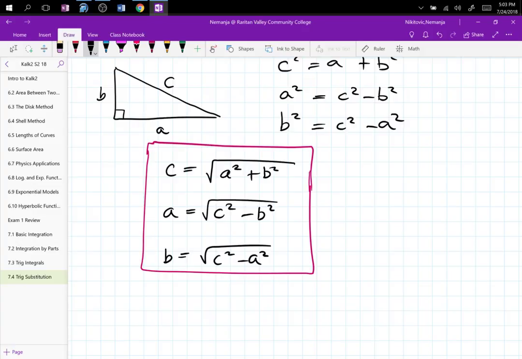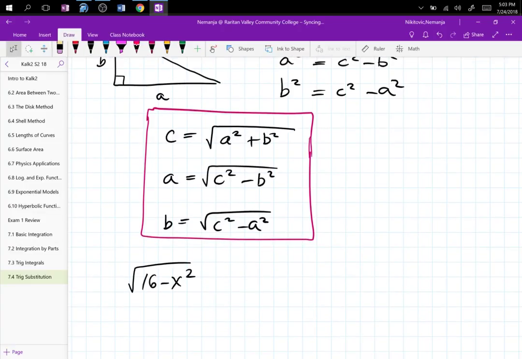Now we have the square root of 16 minus x squared, and I'm going to compare that to the square root of c squared minus, let's say, a squared. Look at this. You clearly see that if you have a minus under the square root, the first location is the hypotenuse. If you have a plus under the square root, both entries are legs.